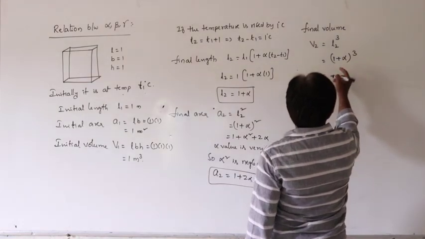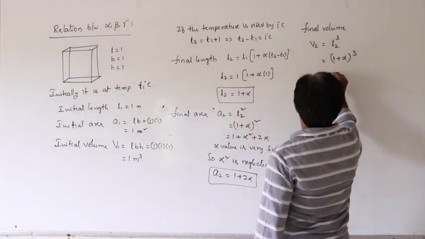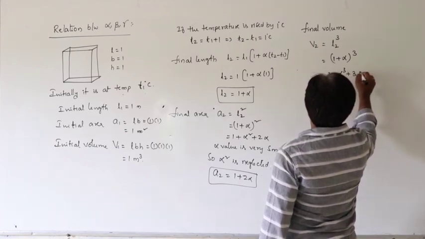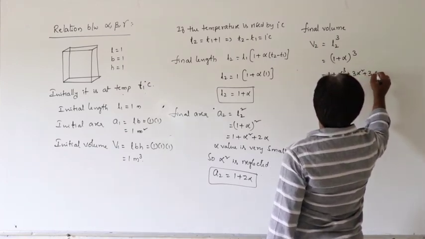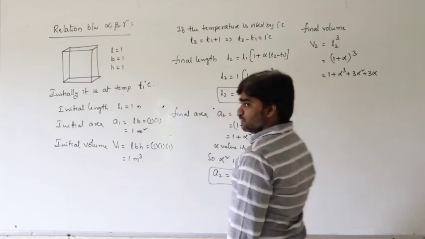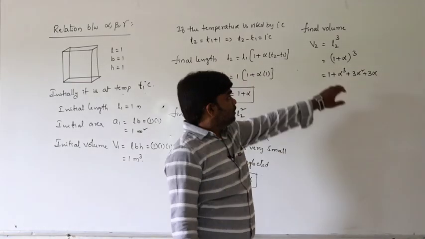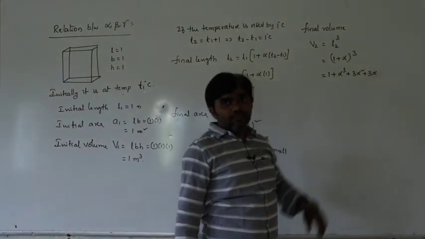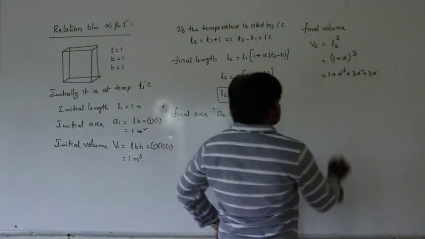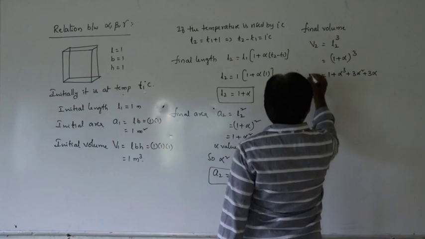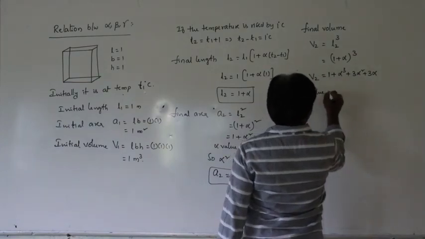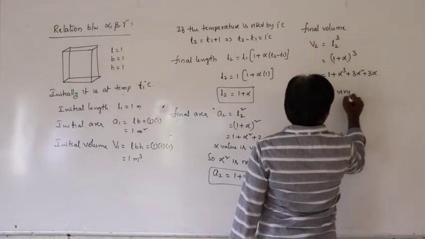That is the A plus B whole cube formula: A cube plus B cube plus 3AB square plus 3A square B, so 1 plus alpha cube plus 3 alpha square plus 3 alpha. So that is V2, the final volume. Alpha value is very small.